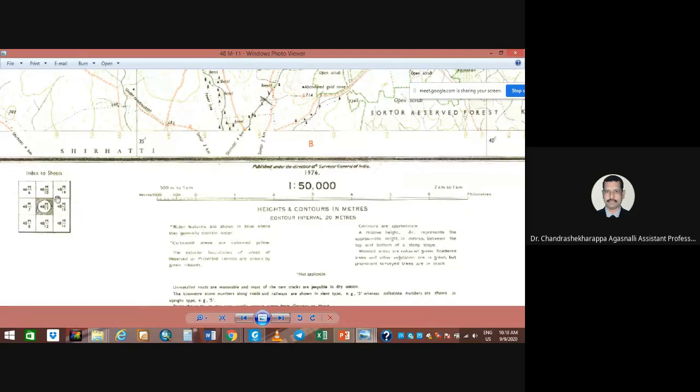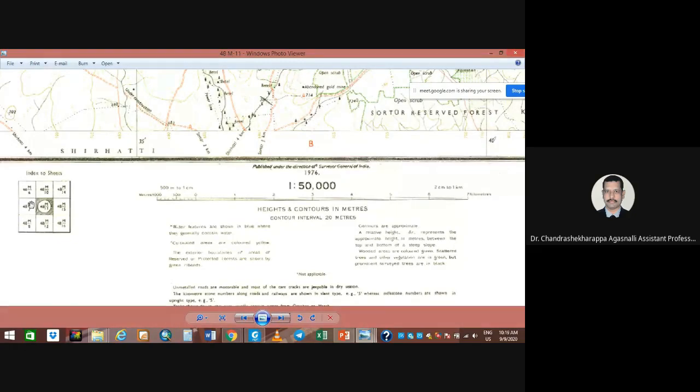Okay, this is how to read the features from the topo sheet, with respect to the land, with respect to the ground, with respect to the surface of the earth. That's called topography. Topo means surface of the earth. Whatever you have seen in the engineering geology class, the topmost shell of the earth is the crustal part.